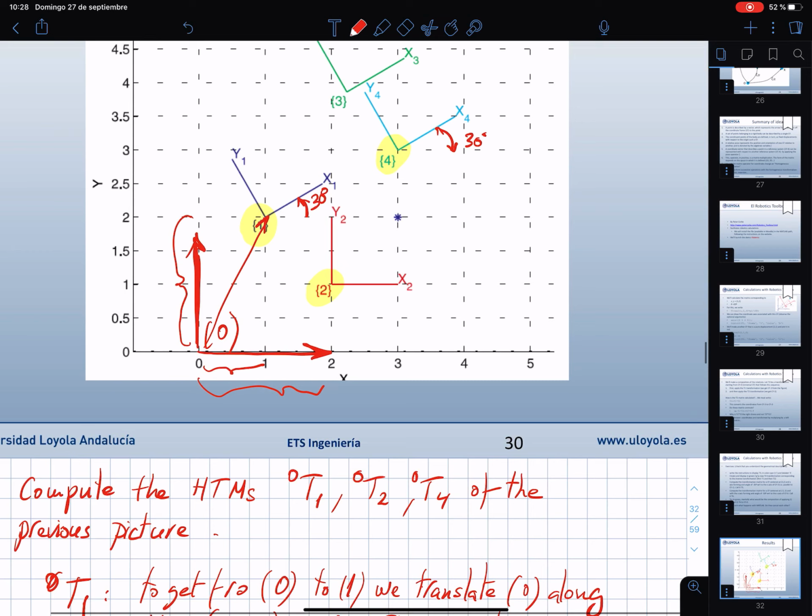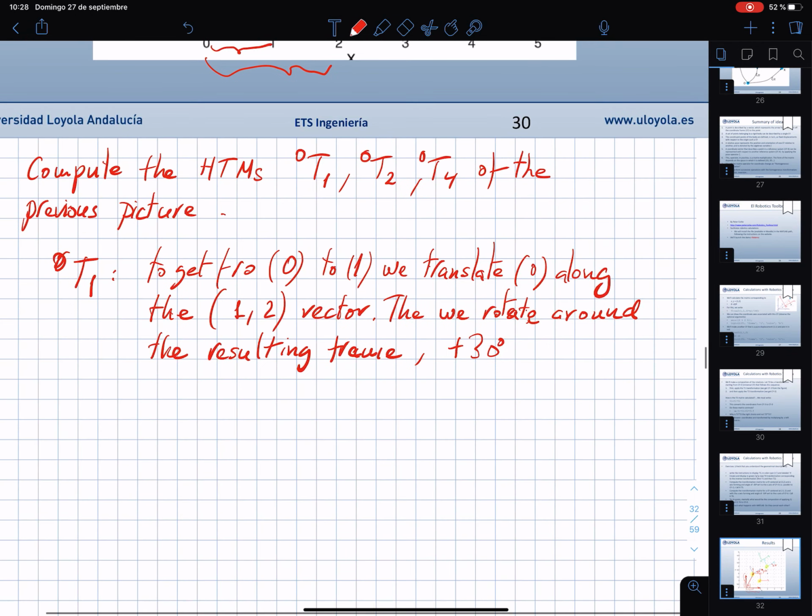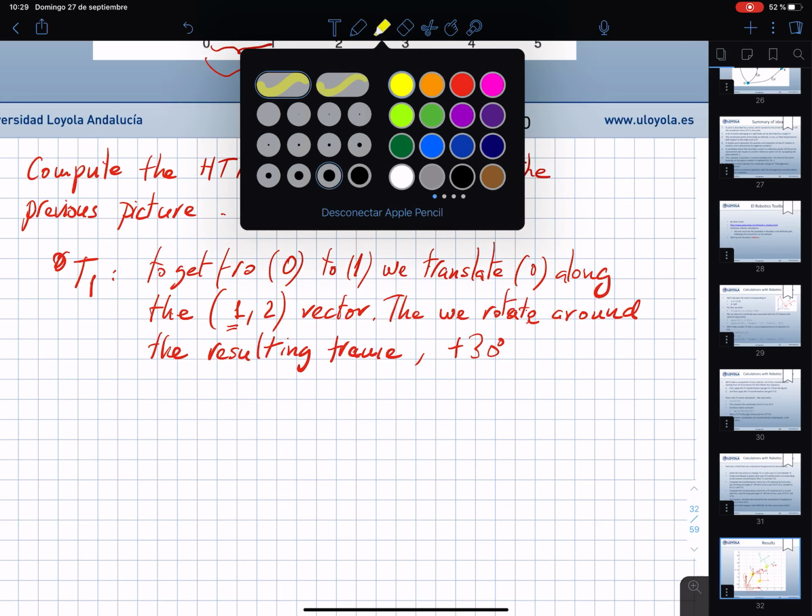Would you be okay with that? So first we displace along this vector, and then we will have this coordinate system, and from then we rotate plus 30 degrees.